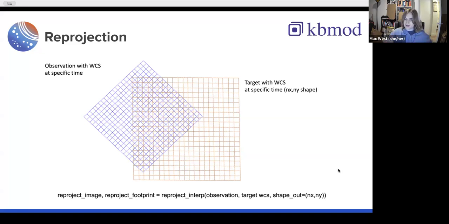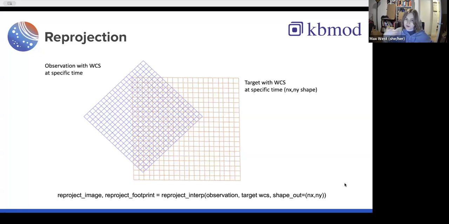You basically give it an array of pixel values, an original WCS, and then a new common WCS, and it will resample all the pixels in that image into this new coordinate frame. So if we have a large stack of images with all different WCSs, we can correct them, have a single common WCS for all of them, and basically align our pixels, which allows us to search through a pixel space for trajectories. And once this is done, the parallax motion is mostly removed, and we're more able to find objects over longer observation baselines.